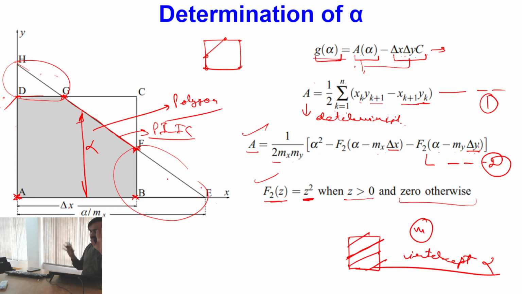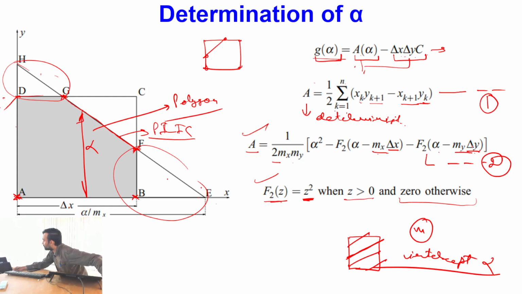Whereas if you see the second equation, with how many data points are you dealing with? Delta x, delta y are already known parameters based on the cell size. Mx, my, we have already calculated for each cell.